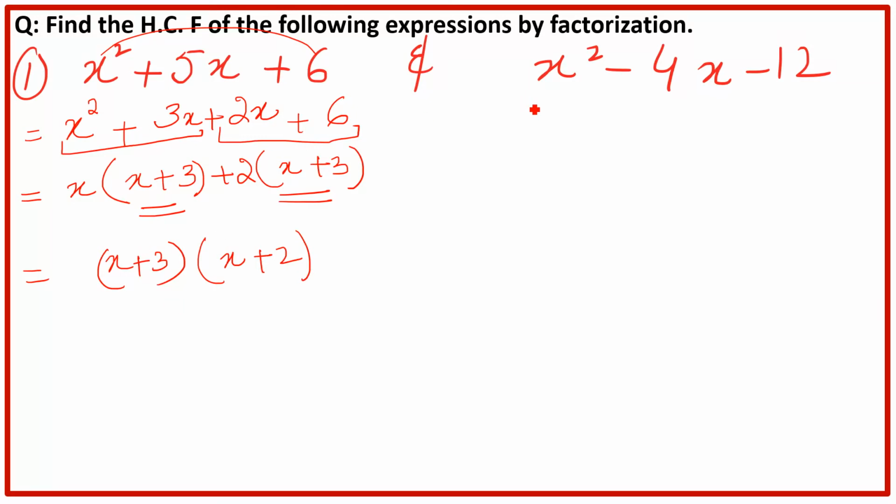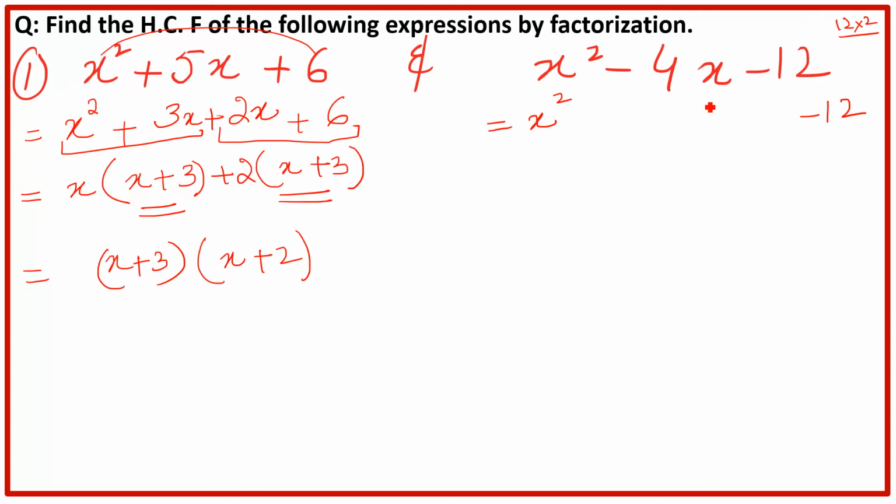Now move on to the second part. Same thing, can we take anything common? No. Can we make the square of the first and the last term? No. So write down the first and last terms as they are. The product is 12x square. So we have to write down in the center two terms in such a way that when we add or subtract those terms, it should be equal to negative 4x.